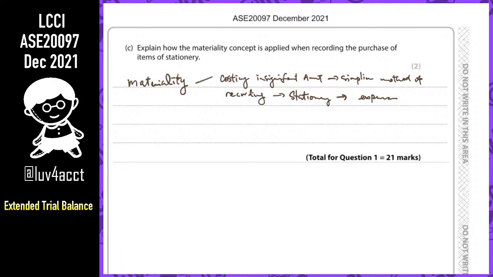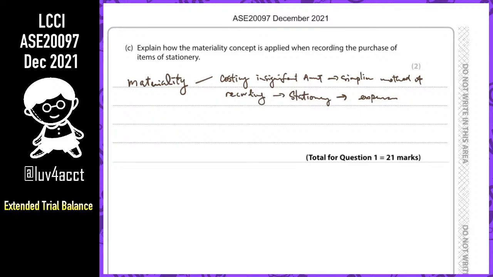Then, according to very strict accounting rules, what we should do is actually record it into the non-current asset and depreciate every year. But then there is a constraint called a cost constraint. You are using more accounting resources than the benefits it brings.